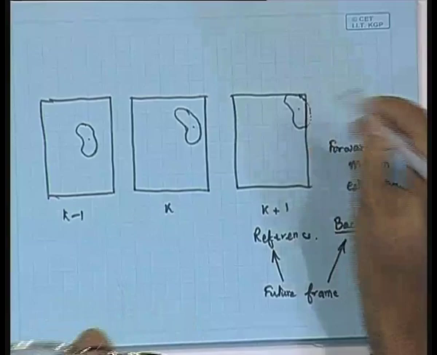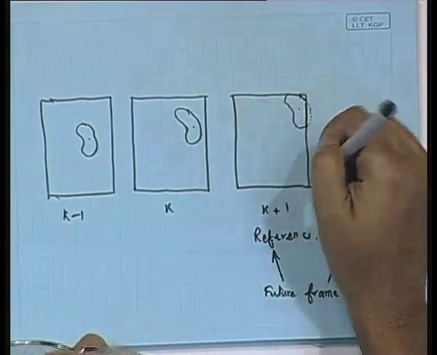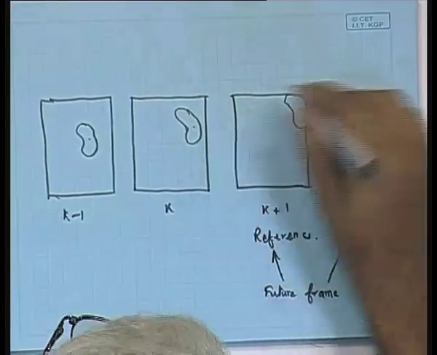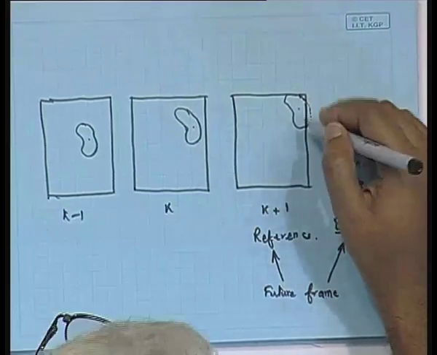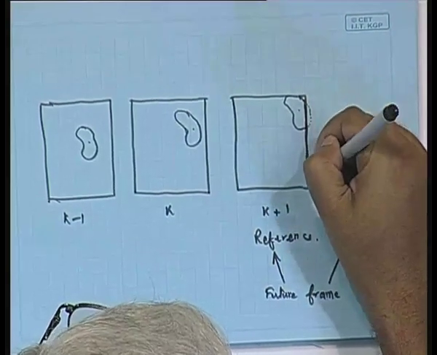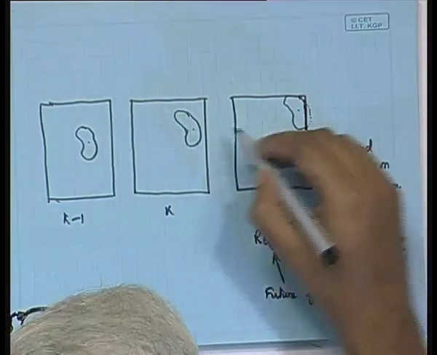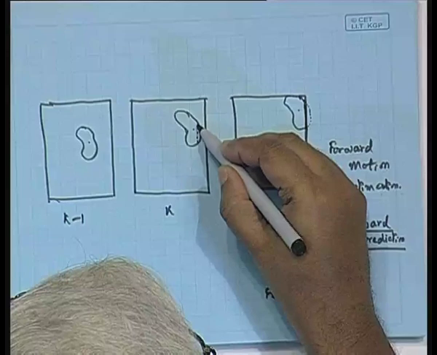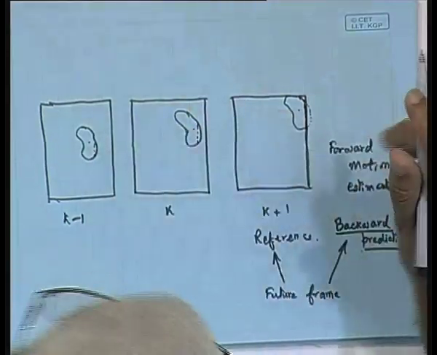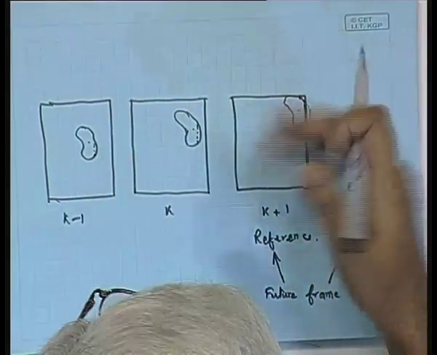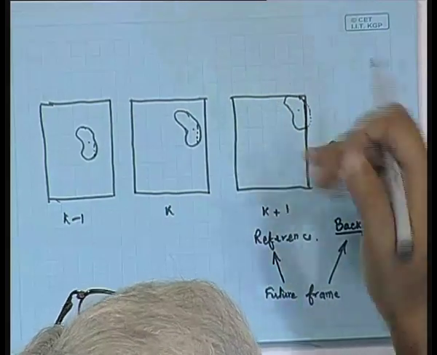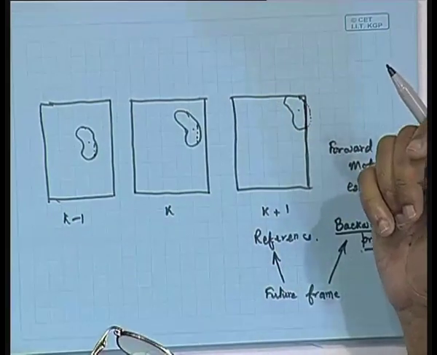So it is not visible to us. What is visible is only what we have within this rectangular box, and this is beyond the frame size. So there is some amount of occlusion, which means that this part of the object, which was visible in frame k minus 1 and in frame k, is not visible in frame k plus 1.